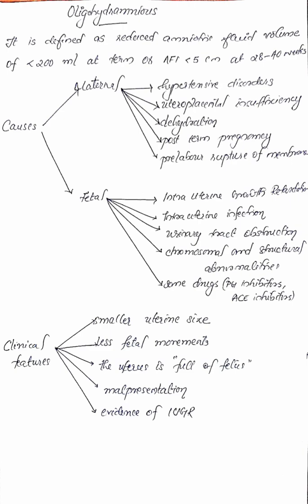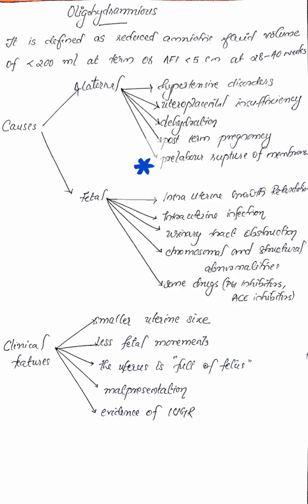When it comes to the causes, there are two types. First one is maternal and the second one is fetal. The maternal causes include hypertensive disorders, uteroplacental insufficiency, dehydration, postdate pregnancy and pre-labor rupture of membranes.